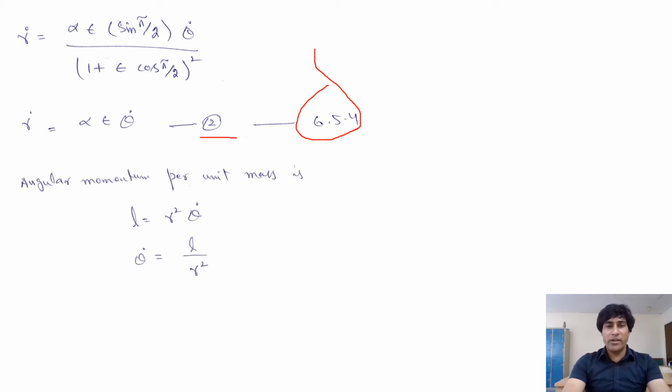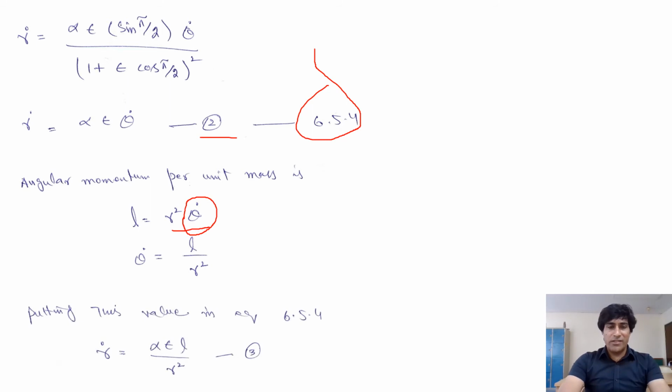The angular momentum per unit mass is also taken from your book. The relation is L equals r squared theta dot. We need the value of theta dot to put in equation 2, so we simplify: theta dot is equal to L divided by r squared.